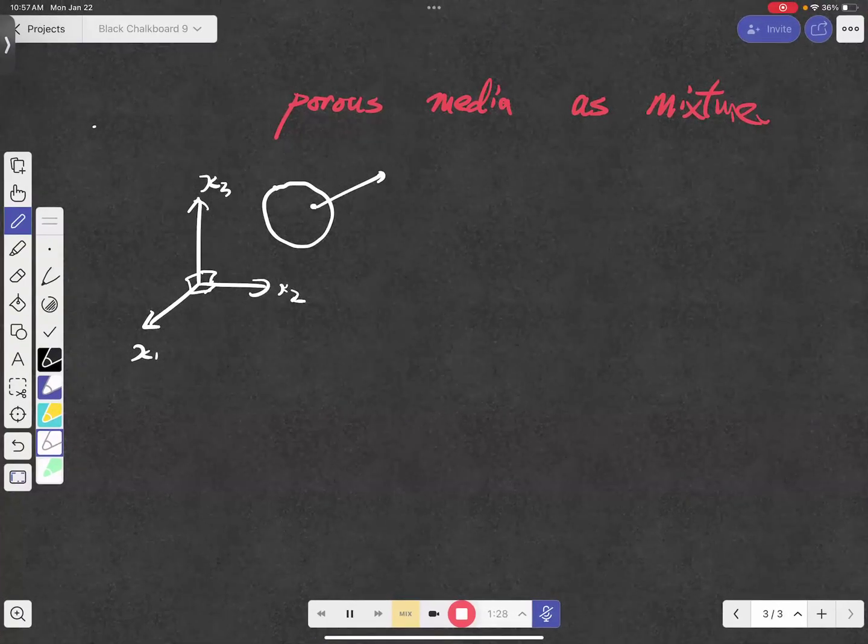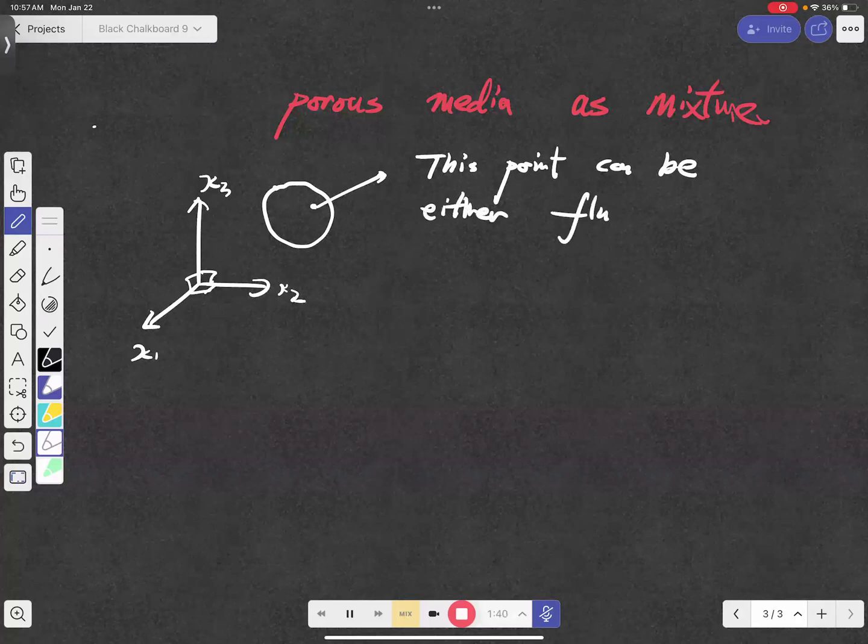So this point can be either fluid or solid. It cannot be simultaneously fluid and solid, right? But now let's do a trick here.